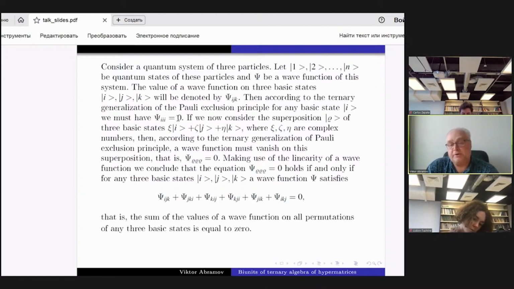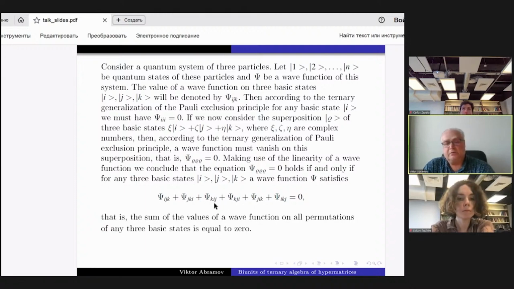And now, if we take a superposition of three states, then for this superposition we will have the same. So if we put here this superposition state, the value of the wave function should be 0. But now, if we take into account that this wave function is linear, then we find that the wave function should satisfy this condition, where we have all possible permutations of subscripts.